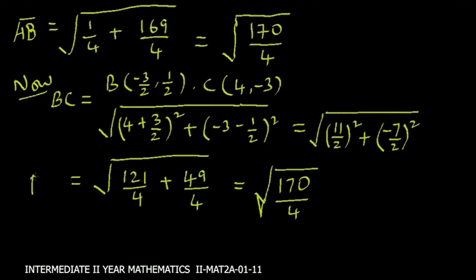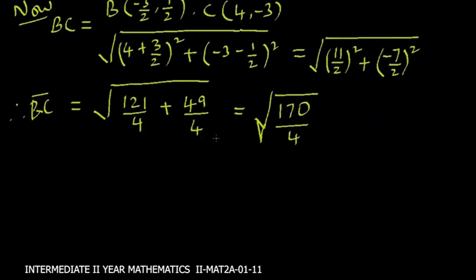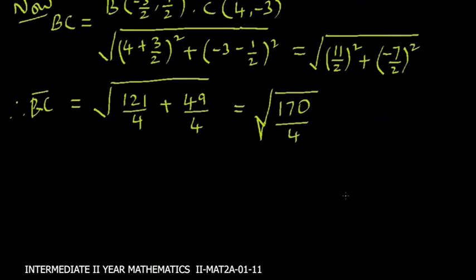This is BC. AB and BC are equal. Now let us find another side, CD.